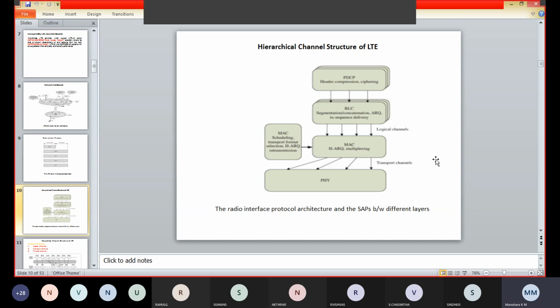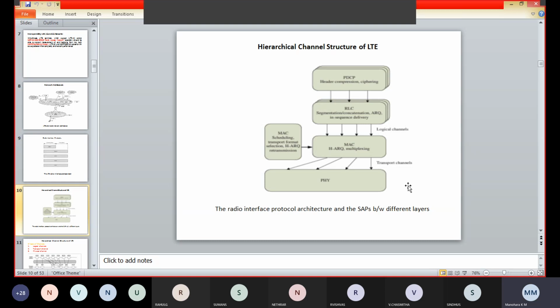The logical traffic channels are used to transfer user plane information and include the dedicated traffic channel, that is DTCH. The DTCH is a point-to-point bidirectional channel used between a given user equipment and the network. It can exist in both the uplink and downlink.